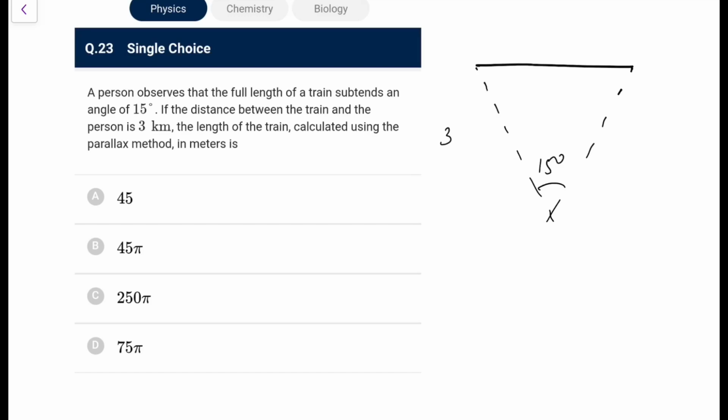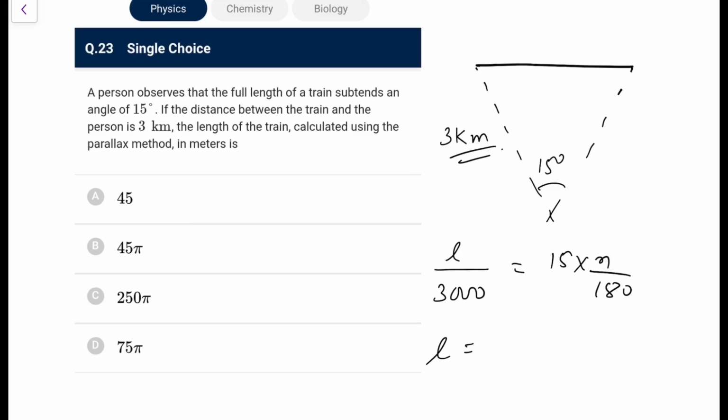So what I can directly make out is that the angle subtended is L by R, so L upon 3000 will be equal to 15 degrees in radian. Radian means pi upon 180. That is what you are going to write.